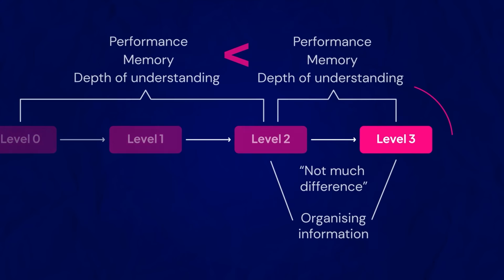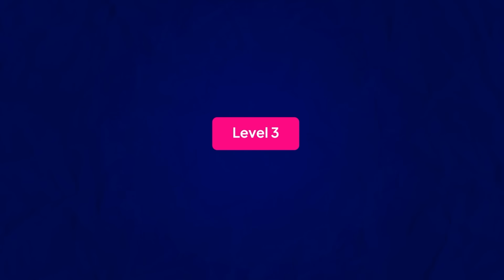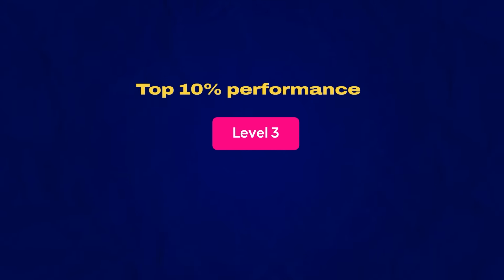Being able to create a level 3 mind map consistently is very uncommon and probably translates to a roughly top 10% level of performance. In fact, the type of thinking that you have to do for a level 3 mind map is so crucial that virtually any top 1 or 2% learner is going to be thinking in this way, even if they're not using mind maps as the technique.